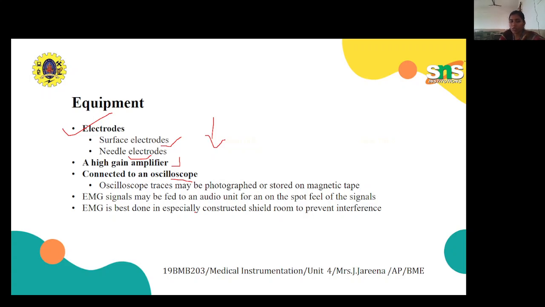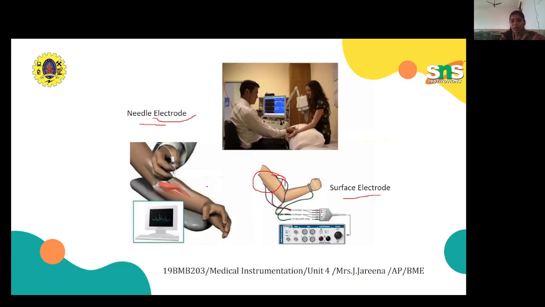If you want to remove any noise or artifacts, we can add some additional circuits like rectifiers and filters. At last we have the display, the oscilloscope, or we can also record. The whole setup is usually better done in a shielded room in order to prevent any interference. This is all about the equipment aspects.